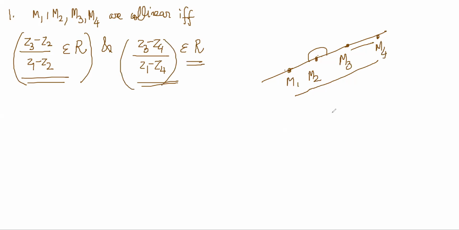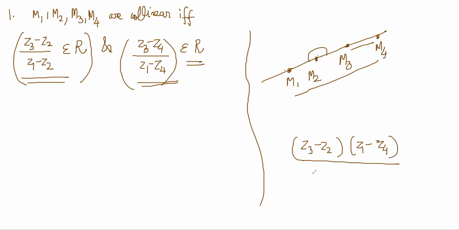Obviously, the overall theorem that we saw was that the total product was real, right? We got (Z3 minus Z2) into (Z1 minus Z4) by (Z1 minus Z2) into (Z3 minus Z4).